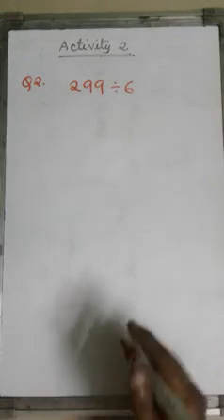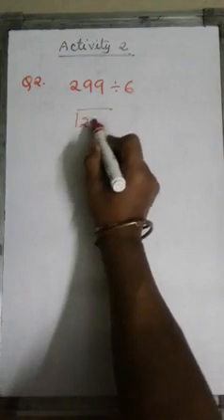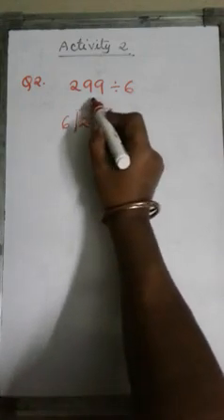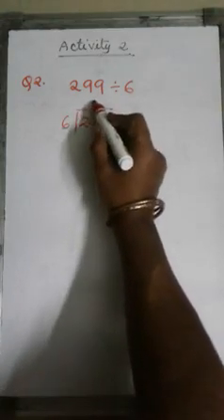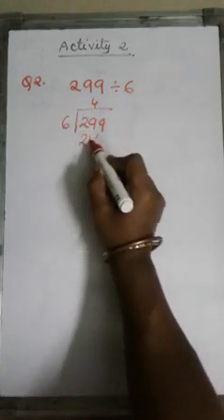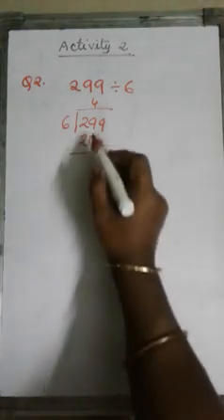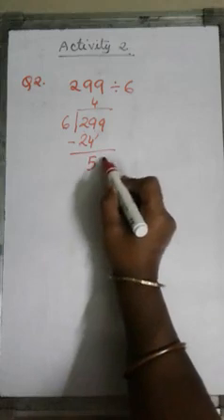I am taking one example, 299 divided by 6. If I divide 29 by 6, it is 4. 6 into 4 is 24. If I subtract 24 from 29, it is 5, and 9 comes down, 59.